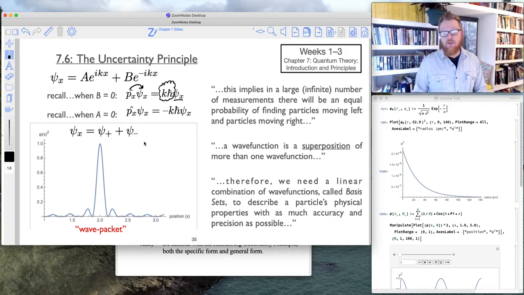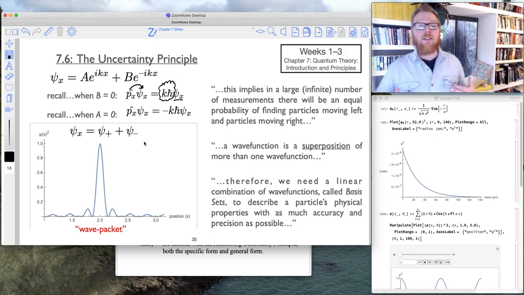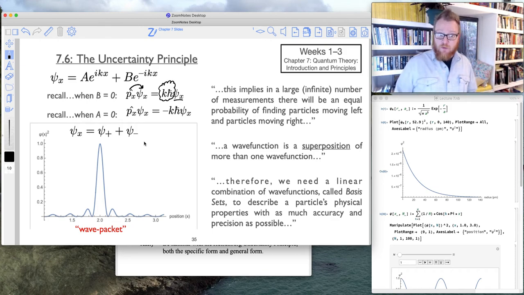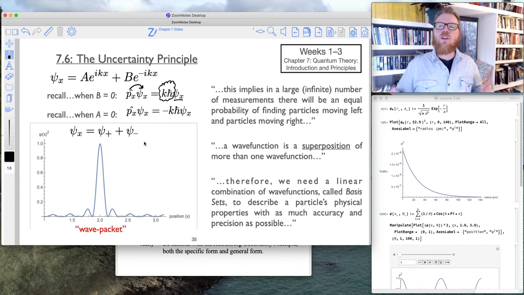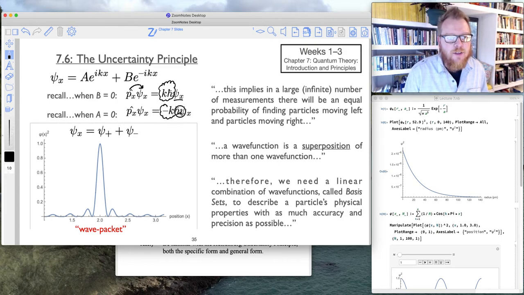And that eigenvalue very much represents the momentum of the particle. And so recall k is that wave number solution, so it's like the square root of 2mE divided by h bar, but we'll just represent that as a constant for now, okay? And so also recall when A is equal to 0, we got this negative k times h bar, okay?